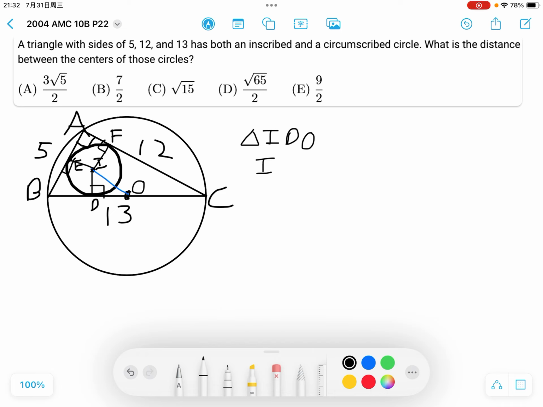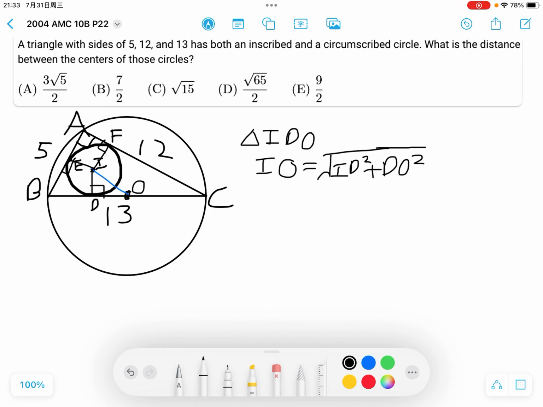Because this is a right triangle, IO is equal to the square root of ID squared plus DO squared. So we want to figure out ID and DO. This looks slightly easier because at least DO is on BC and ID is the inradius, basically the radius of the incircle.